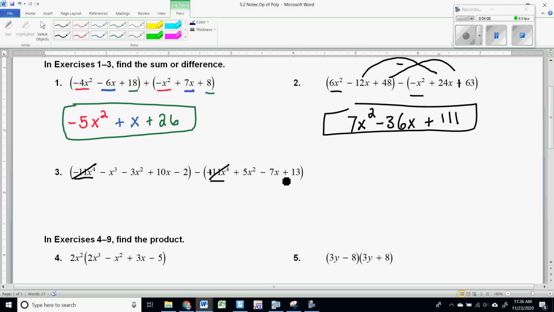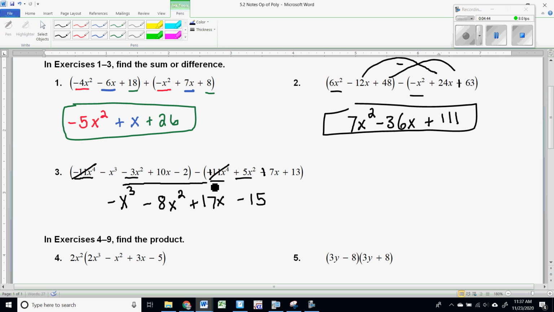I have no x cubes in the second polynomial, so that just stays the same. I have negative 3x squared and minus a 5x squared, so negative 3 minus 5 gives me a negative 8x squared. 10x minus a negative is plus, so that's 17x. And negative 2 minus 13 is negative 15.